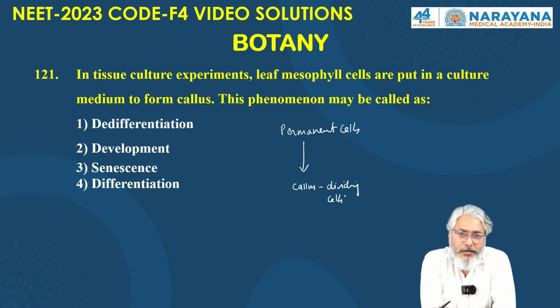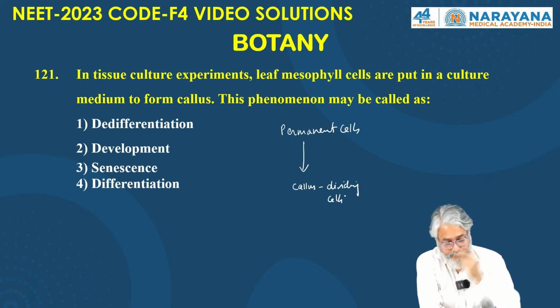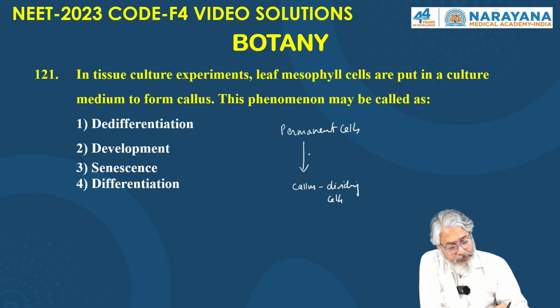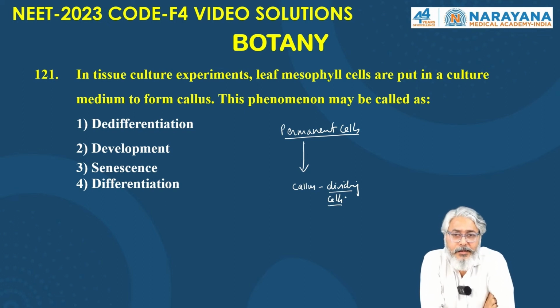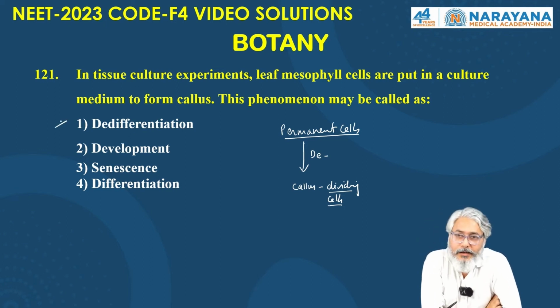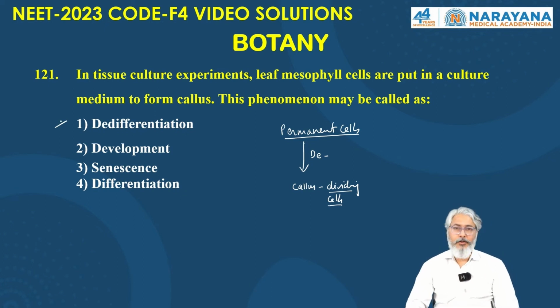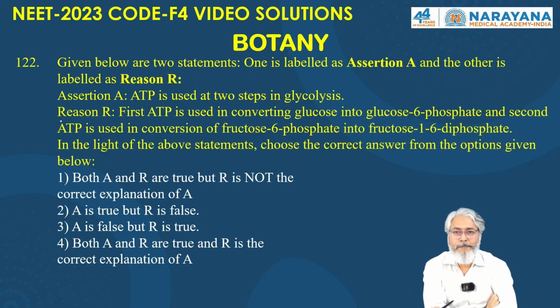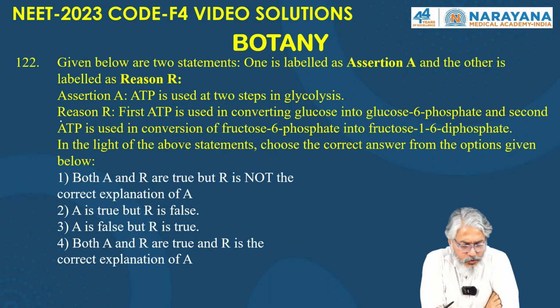So what is the phenomenon? These are differentiated cells. Dividing cells are undifferentiated cells. So permanent cells are losing their differentiation, and what is the correct term here? De-differentiation, losing of differentiation.